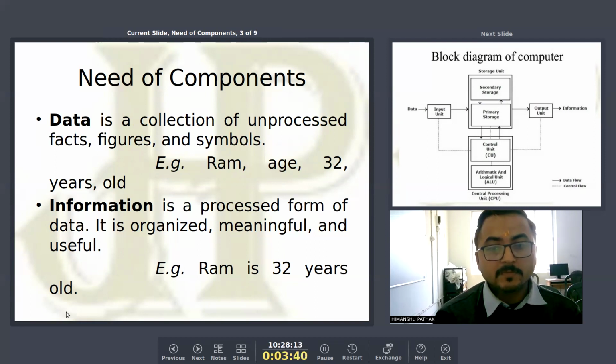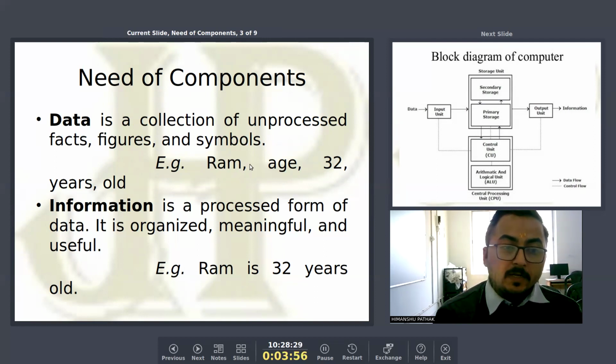Now I am getting some information that there is a person, Ram, who is 32 years old. So from data to information, we need computers.